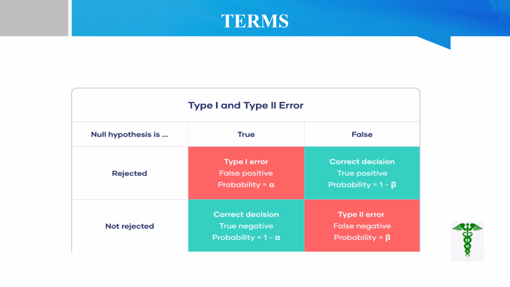Type 1 error, we already said, is a false positive, where the null hypothesis is rejected, and its probability is alpha. In the case of a true null hypothesis that is not rejected, it is a correct decision, a true negative, and the probability is 1 minus alpha. Whereas if the null is not rejected when it is false, it is a type 2 error, a false negative. The opposite thing is happening, and the probability is beta. Rejecting a false null is correct, with probability 1 minus beta.